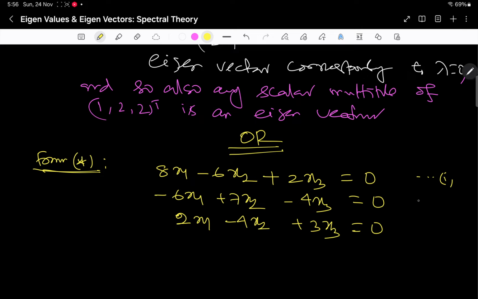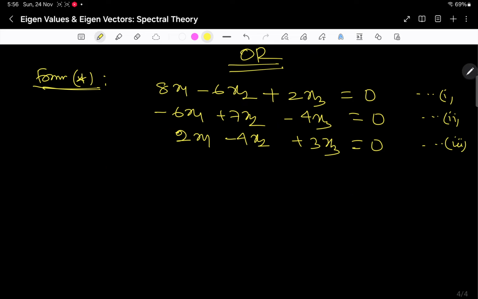It is your equation 1, equation 2, equation 3, okay? And you consider any two. So here I consider 1 and 2, okay? And apply cross multiplication.